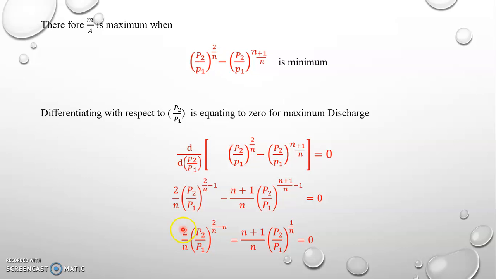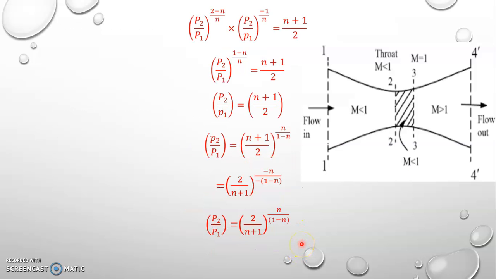Again we simplify: 2 by n (P2 by P1) power of 2 by n minus n equals n plus 1 by n into (P2 by P1) power of 1 by n. Simplifying again, (P2 by P1) power of 2 minus n by n into (P2 by P1) power of minus 1 by n equals n plus 1 by 2. Finally we get (P2 by P1) power of 1 minus n by n equal to n plus 1 by 2.